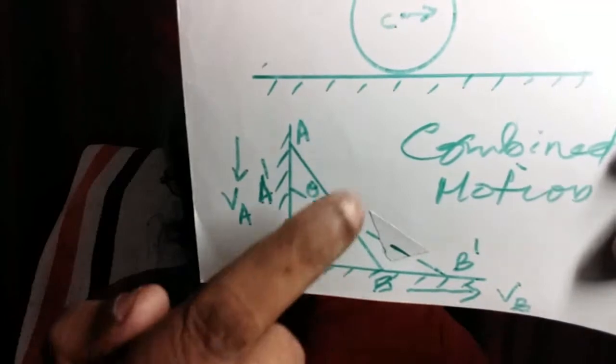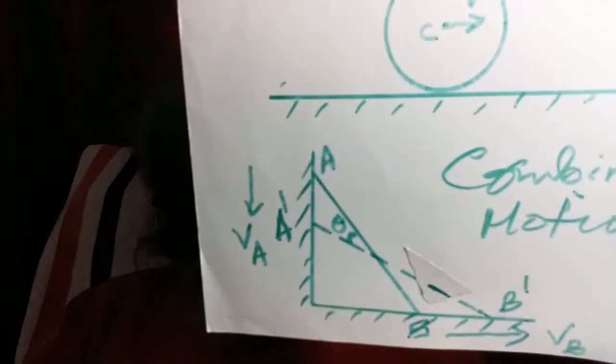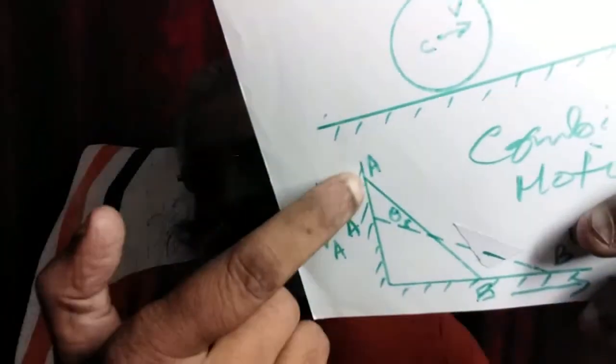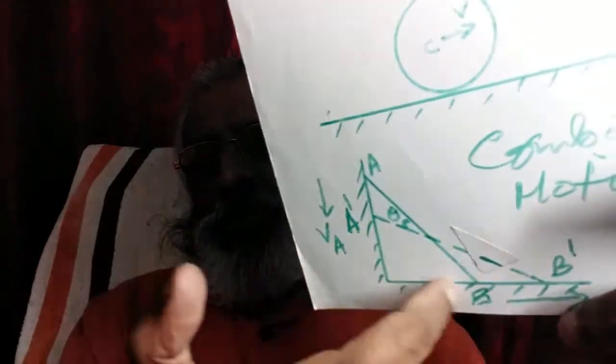At the same time, it makes an angle theta during the process. Generation of the angle theta means there is some kind of rotation. So there is linear motion here, and a rotation about some point. We have to find out where that point is. That comes as the instantaneous center of zero velocity. And we have to see the instantaneous center.